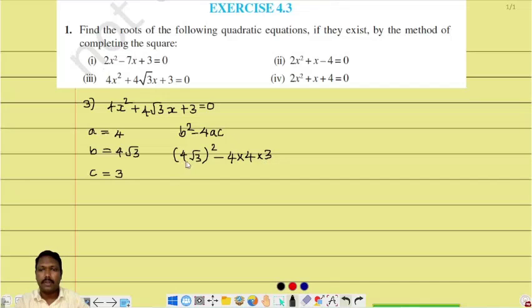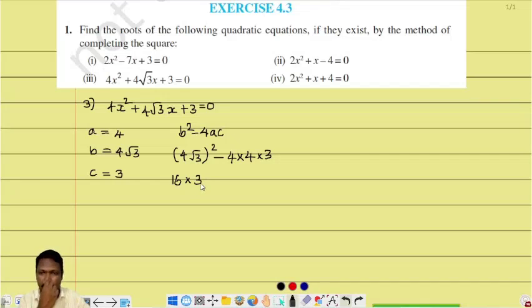Now this 4 root 3 squared we can do like this. First, ab the whole square will be a squared b squared. So we can write here 4 squared, that is equal to 16, into root 3 squared, which will be 3.